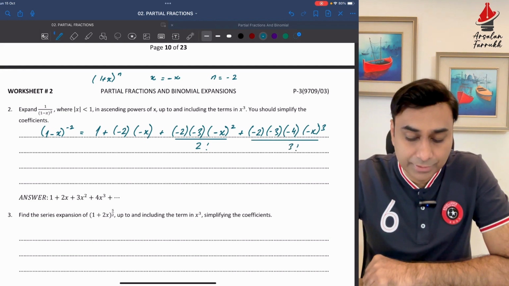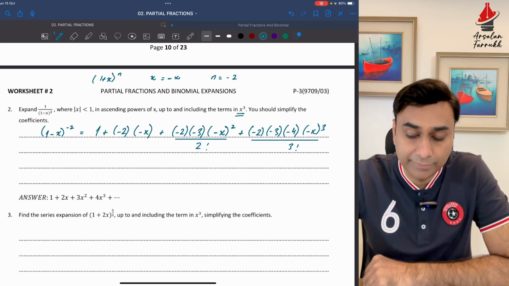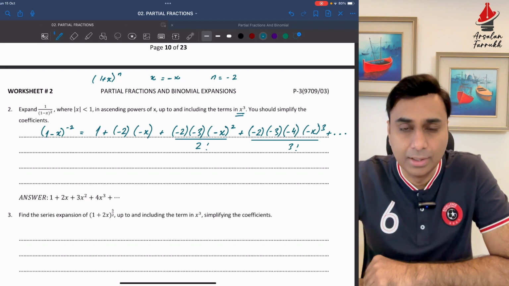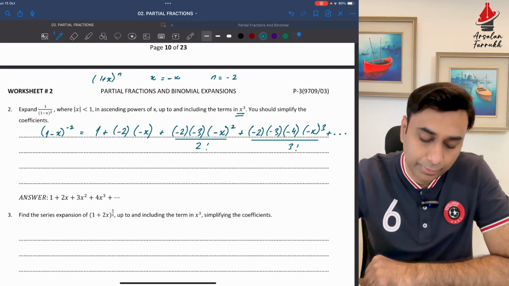So this is my expansion of the series. The question asked me to do it till x cube, so I will just do it till x cube. I can just do this representation to indicate that the series still continues on.